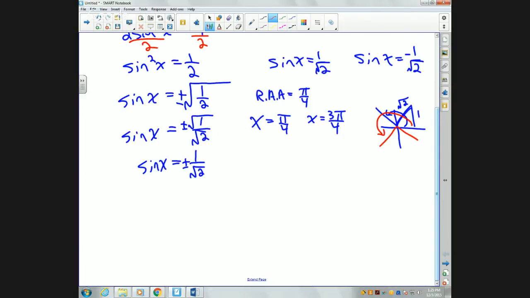The good thing about this is the related acute angle hasn't changed. The related acute angle is still pi over 4. So in here we have a pi over 4, and in here we have a pi over 4.